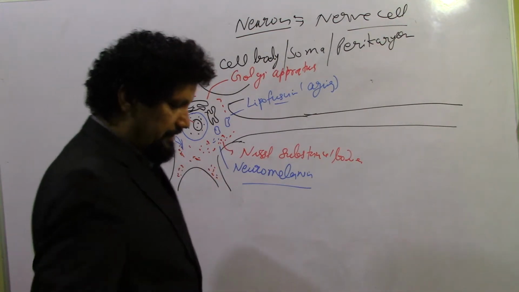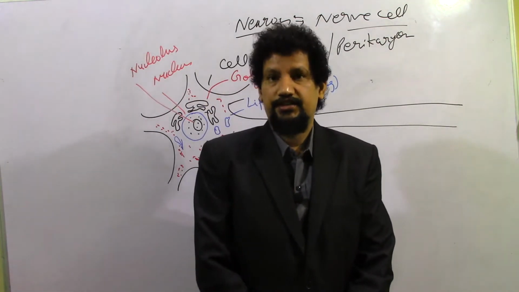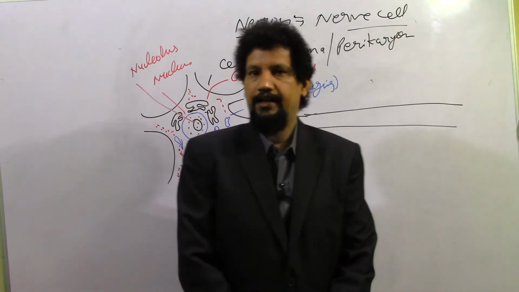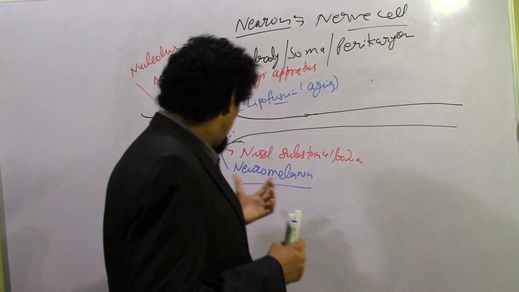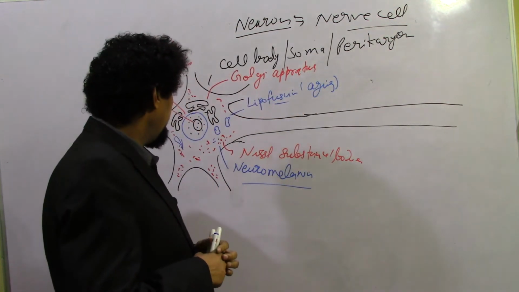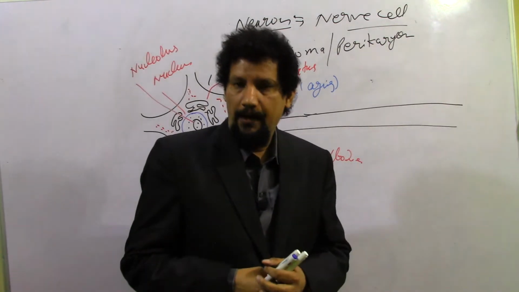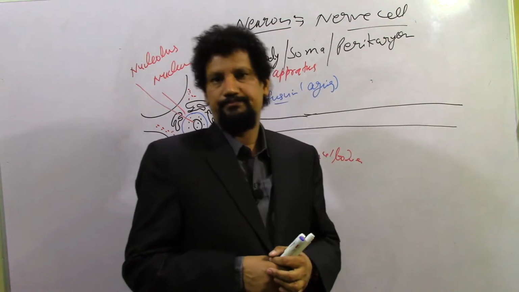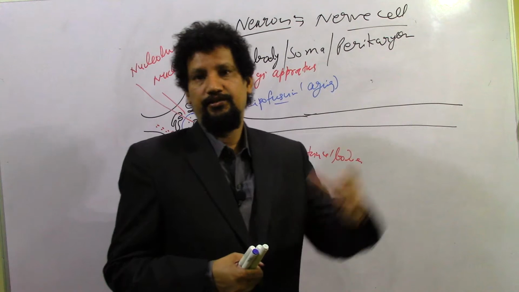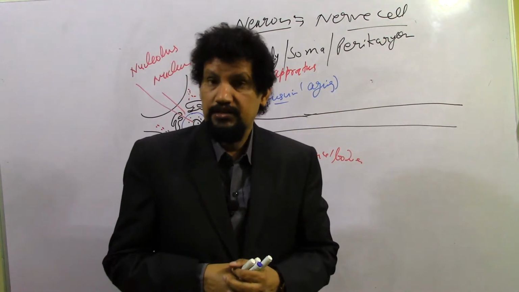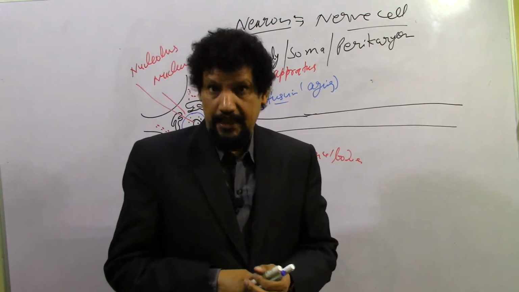The soma or cell body also has centrioles. In ancient times, it was believed that neurons lack centrioles, but after the electron microscope, it has clearly been proved that neurons have centrioles which produce and maintain the cytoskeleton of the cells.